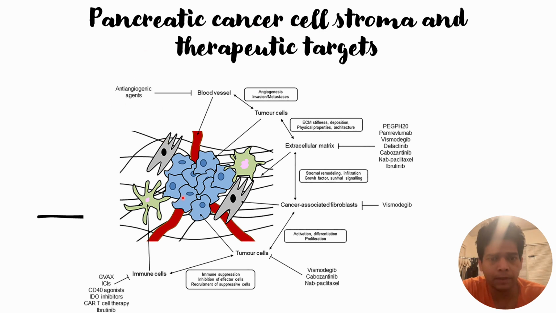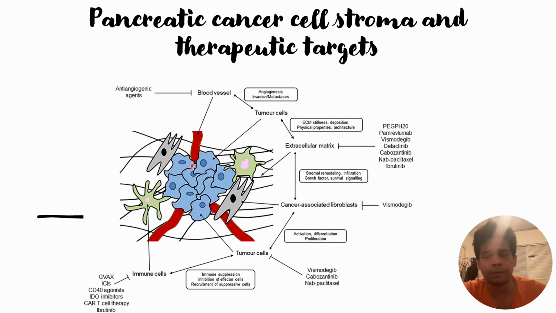This is the pancreatic tumor, shown in the center in blue, and what you see surrounding the tumor is the result of the stroma and the tumor microenvironment. One essential thing I have discussed many times in our previous videos is the food supply for these tumors.